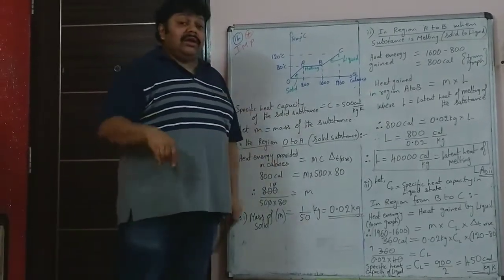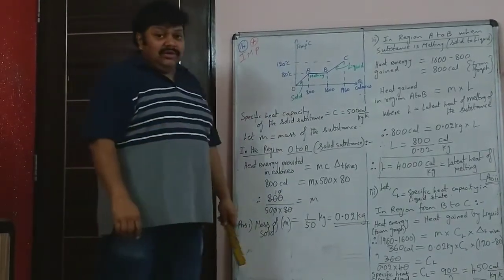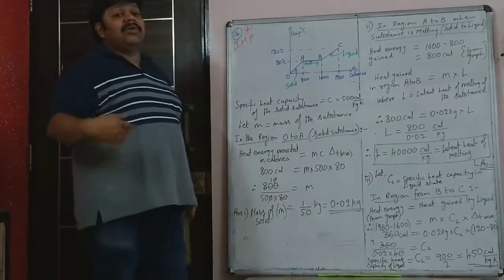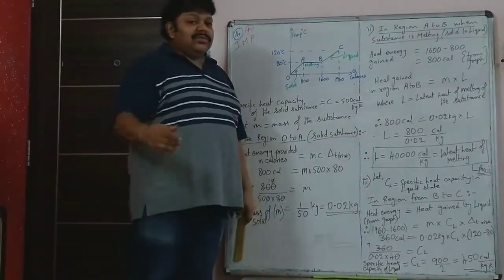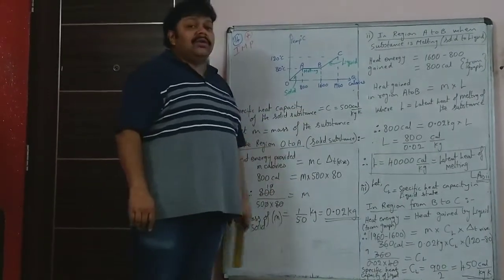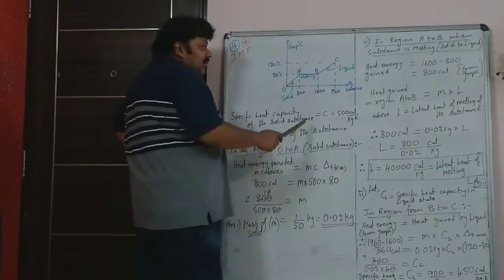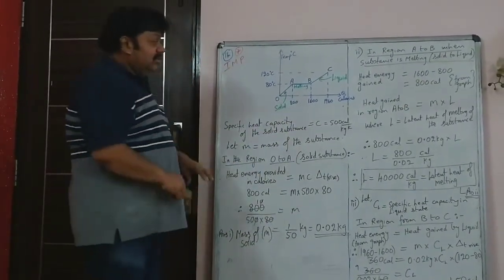So this is a heating curve not of water. For water it would have been 0 degrees Celsius. This is not the heating curve of ice and water, this is the heating curve of some other substance, maybe naphthalene or some other substance where it is getting converted into the liquid state from A to B. So it is any other substance, you don't have to bother which substance it is.